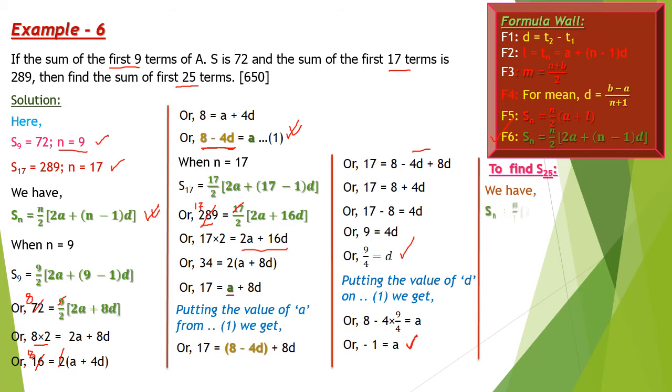We have our formula, that is formula 6. Again, we use this formula thrice in this question. When we can see all this information, when n is equal to 6, a is equal to minus 1, d is equal to 9 by 4. Now we can apply it.